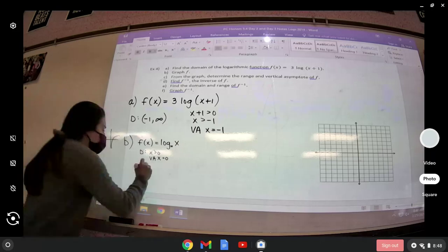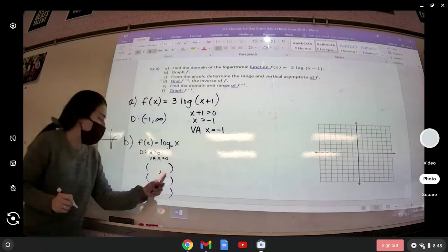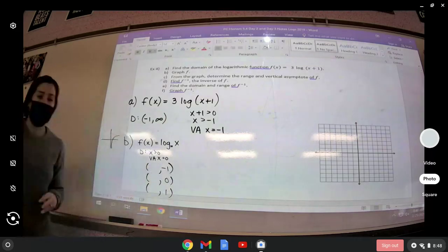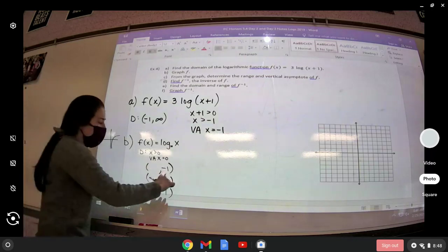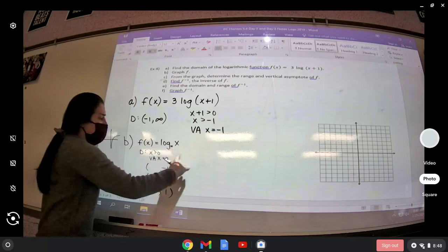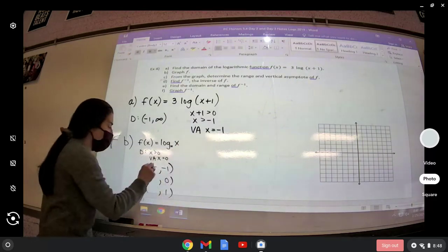All right, let's get some ordered pairs that were on the original graph. I like to work with my exponents, so I picked 3 really easy exponents that are close to the origin. All right, so let's come up here. If my exponent was -1, then 10 to the -1 is what we would have taken the log of, which is 1/10.